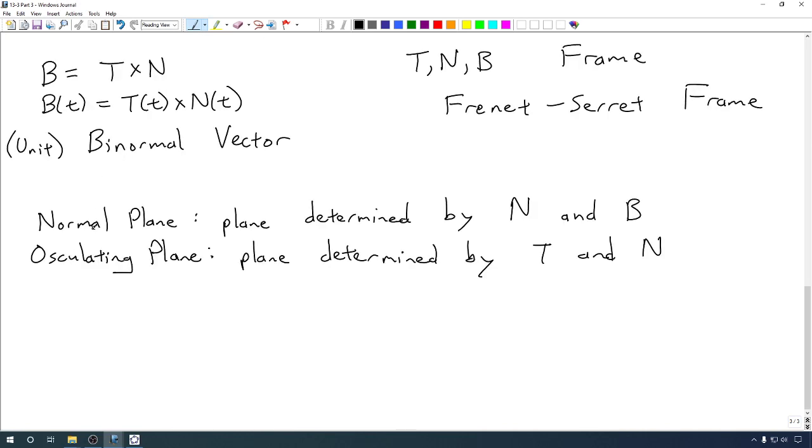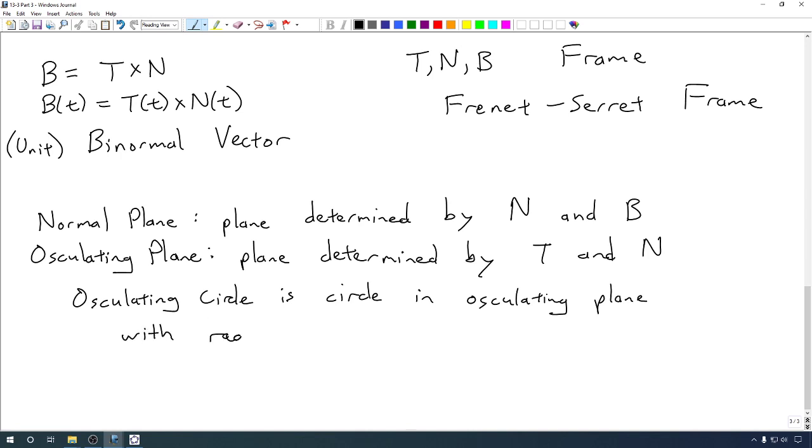So the osculating circle, put S there, osculating circle is a circle in the osculating plane with radius 1 over the curvature, and should probably say in the direction of n.